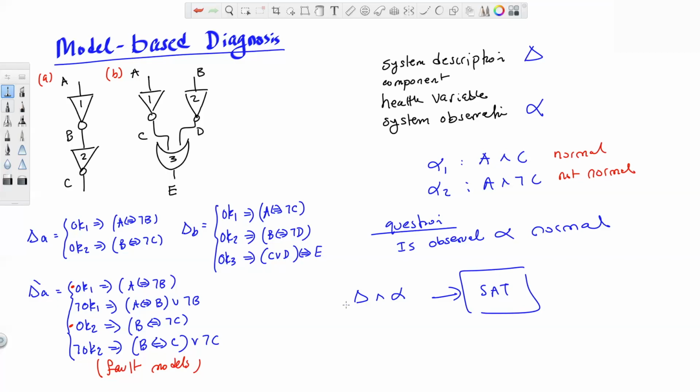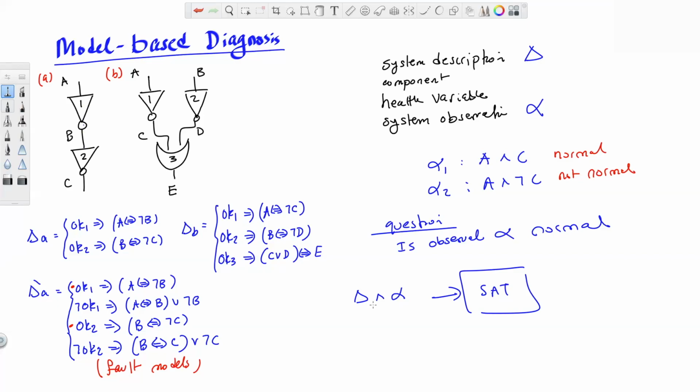Even that one is not immediately obvious. What you really need to do to answer this question, this is not going to do it, because this observation is consistent with the system description if, for example, the components are broken.